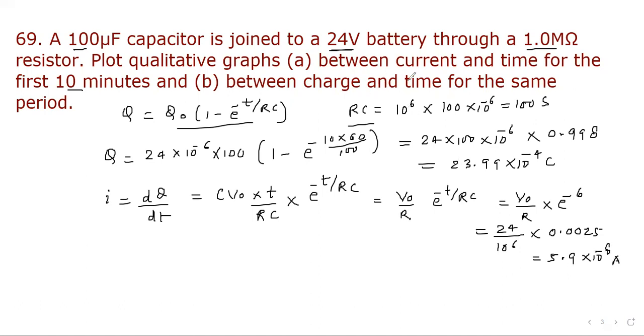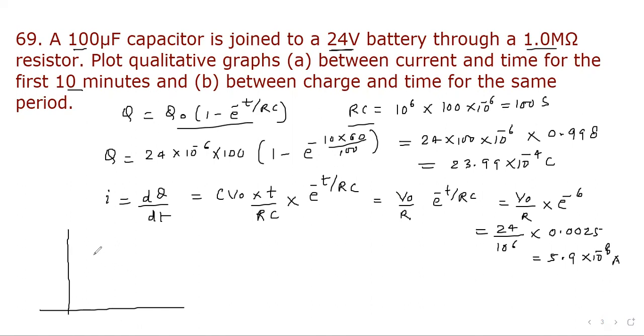Now we have to plot the graph between current and time for 10 minutes and between charge and time. So if we plot the graph for current and time, we have got the value of current as 5.9 into 10 to the power minus 8 ampere at t equal to 10 minutes.